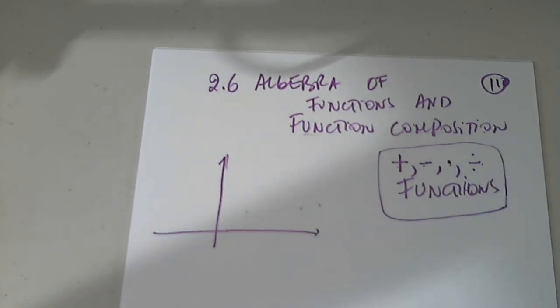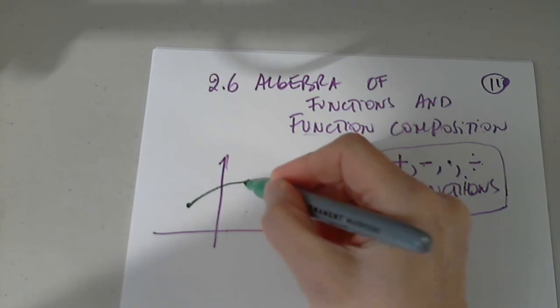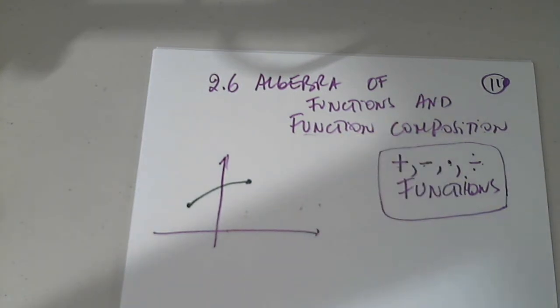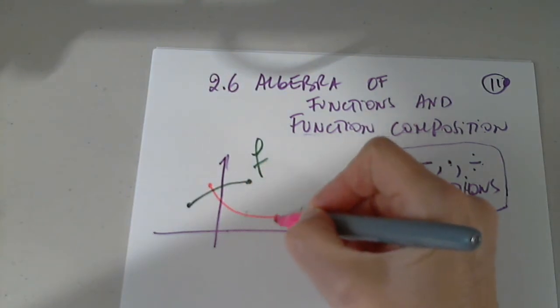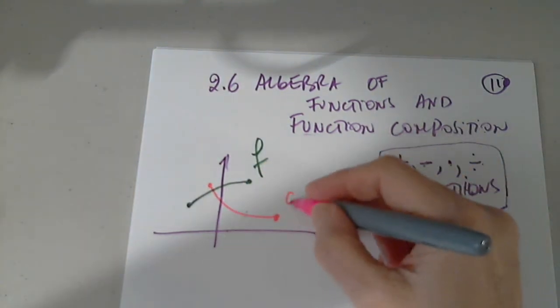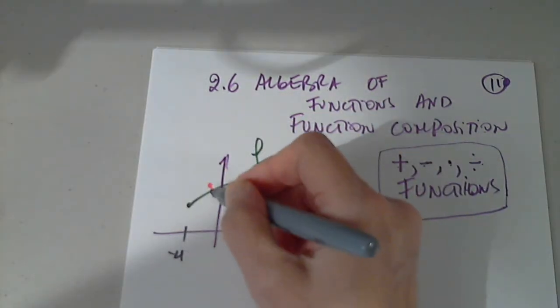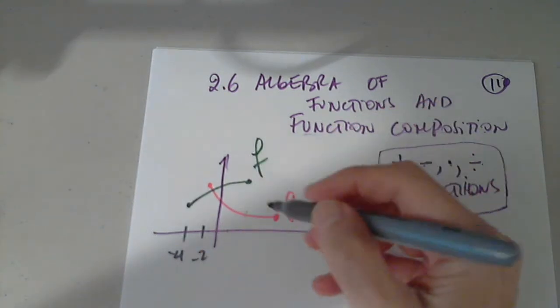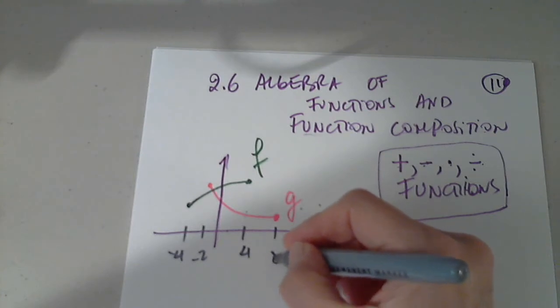Let's suppose I have two functions. Here is one, and I'm going to call it f, and this one is g, and I'm going to come up with some numbers. I'm going to say that this is -4, this is -2, this is 4, this is 8.